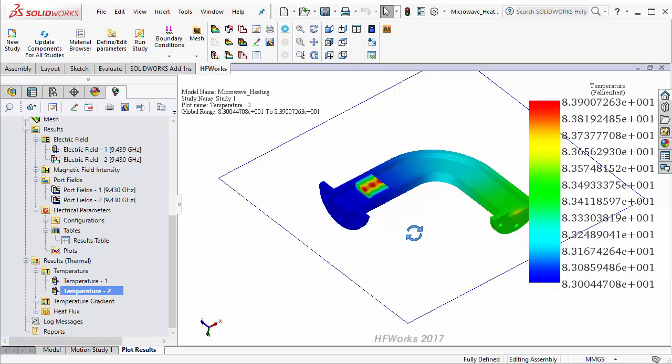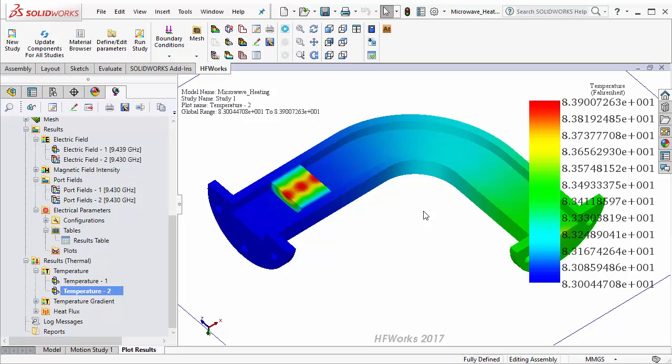Notice here that the dielectric at 2000 watts is not really getting heated much. It's about 84 Fahrenheit, which is certainly acceptable for the functioning of this device. So HFWorks really helps us understand not just how your RF and microwave devices perform, but also how they perform thermally in case of peak power, as well as continuous operating power conditions.